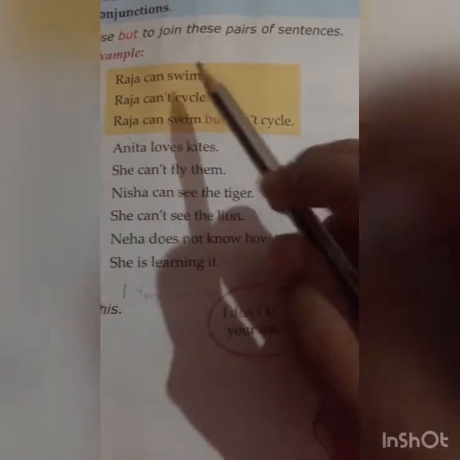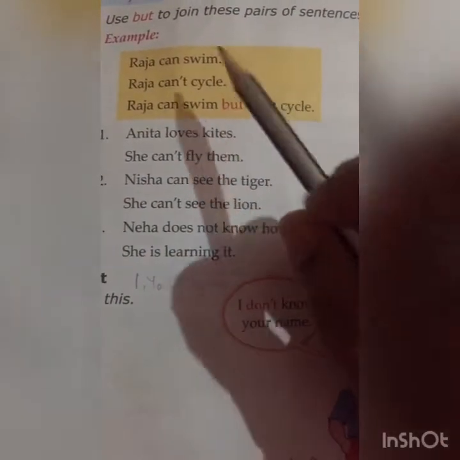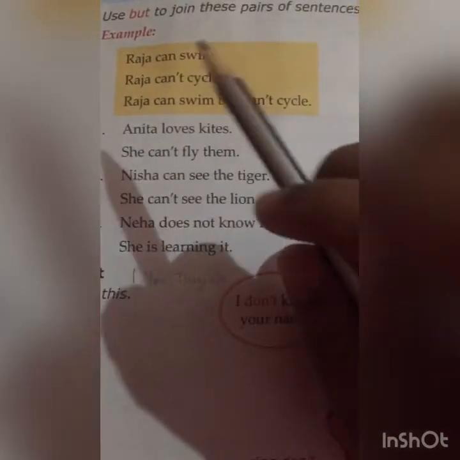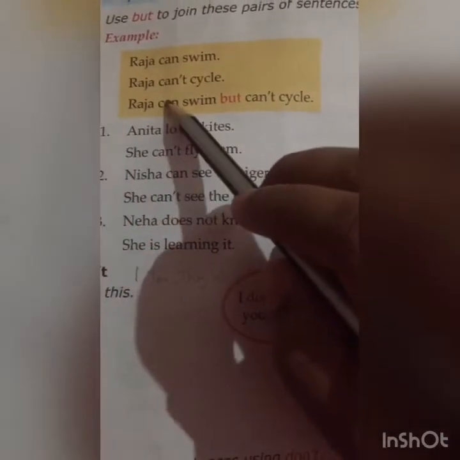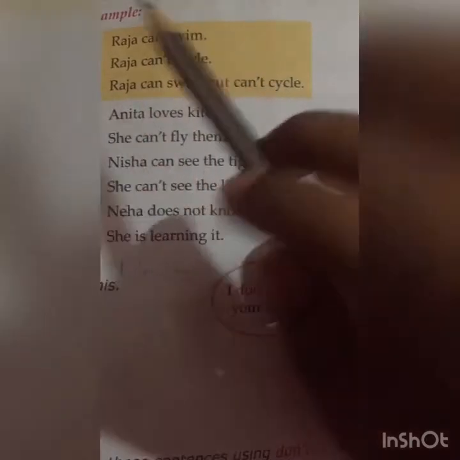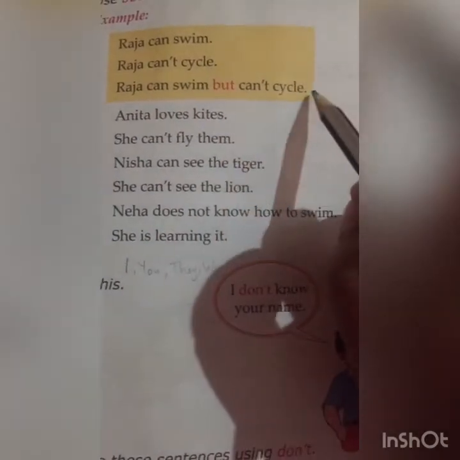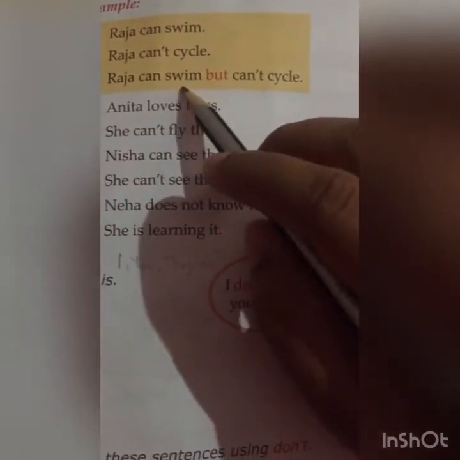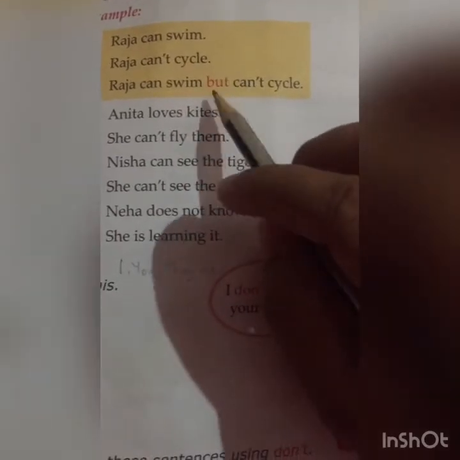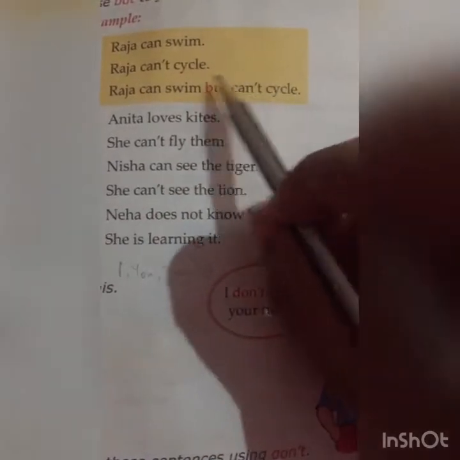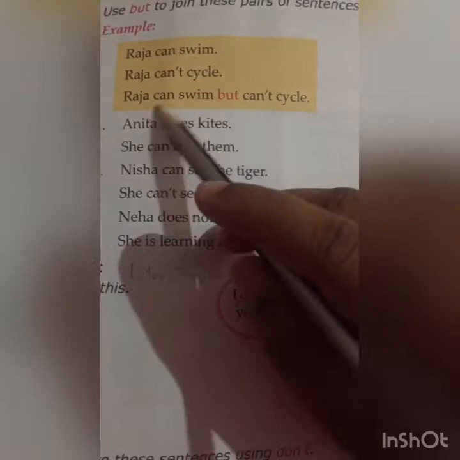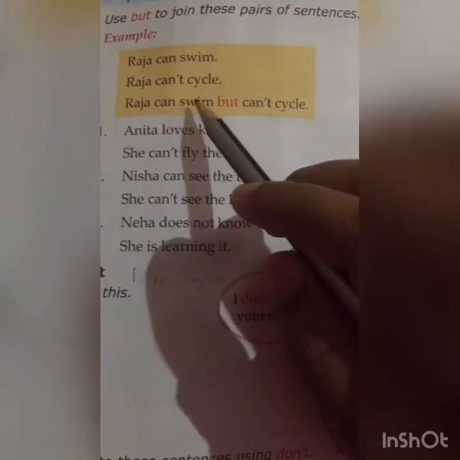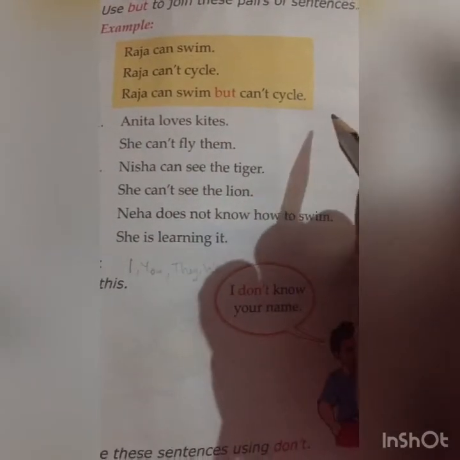How do we write it by joining using but here? Raja can swim but can't cycle. He can swim, but what can he do? He can't cycle. So you have to write it together.